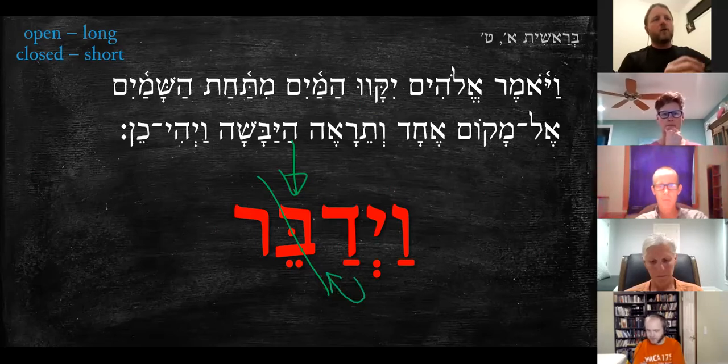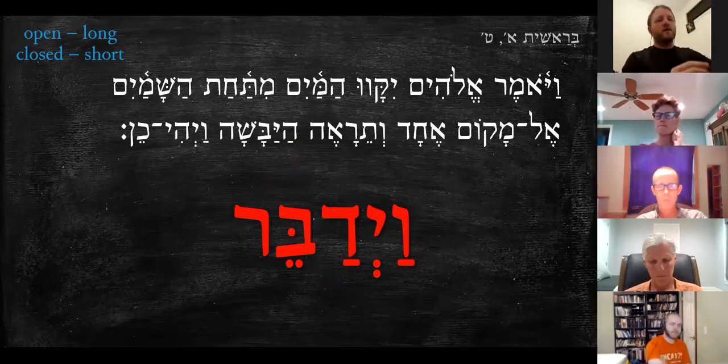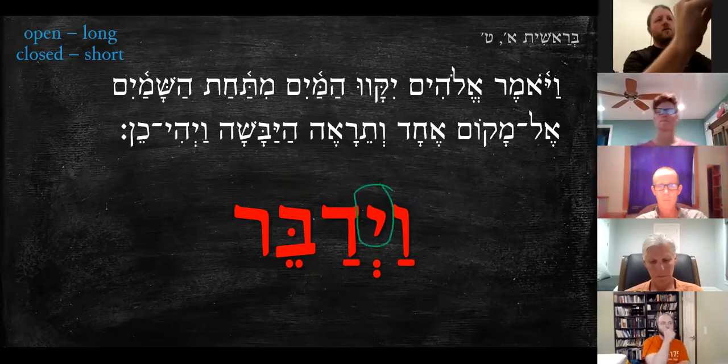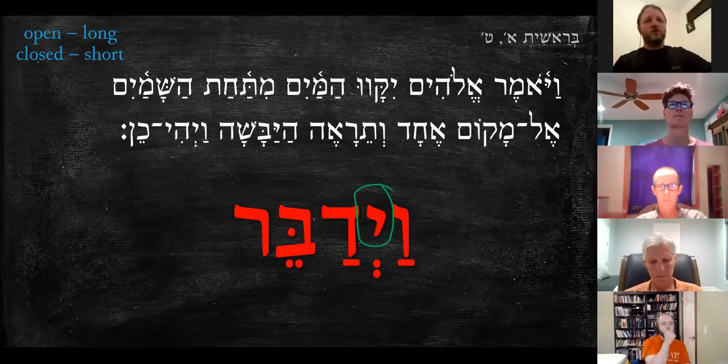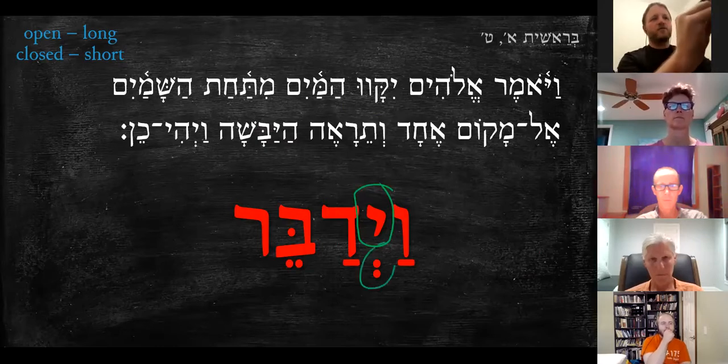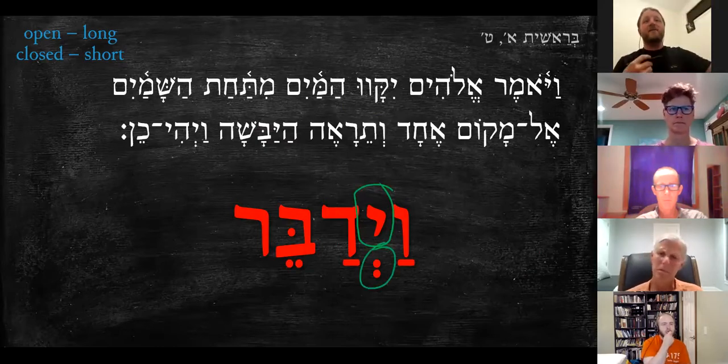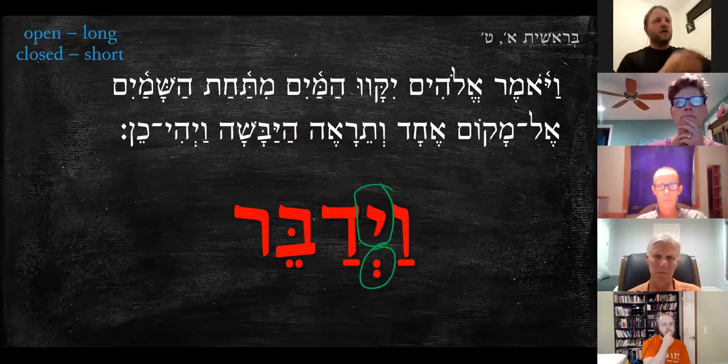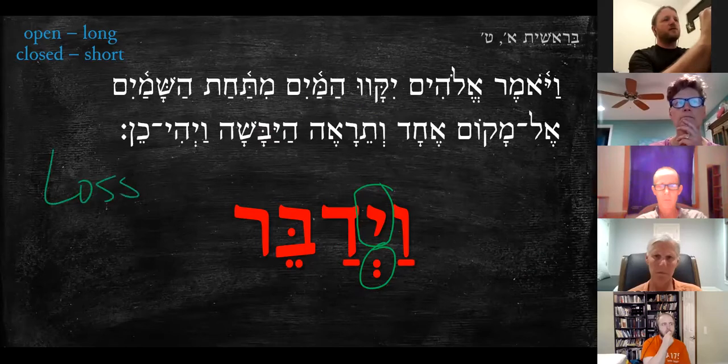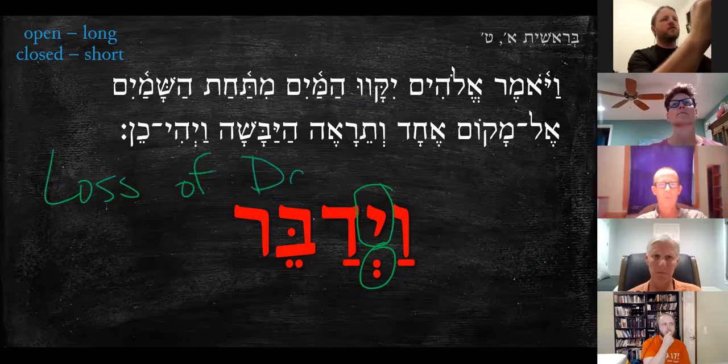Okay. So what we have here also has an oddity about it. Normally the vav consecutive has dagesh in the first letter. And if it has shva here, like happens in the plural all the time, then it loses dagesh. This is just called, in Gesenius, loss of dagesh forte.